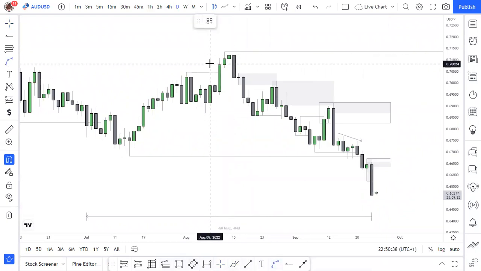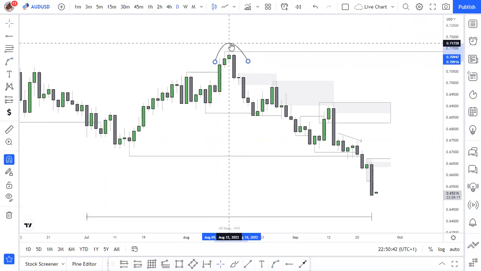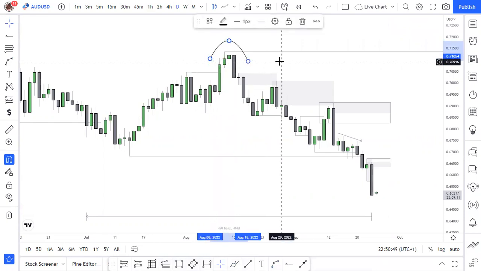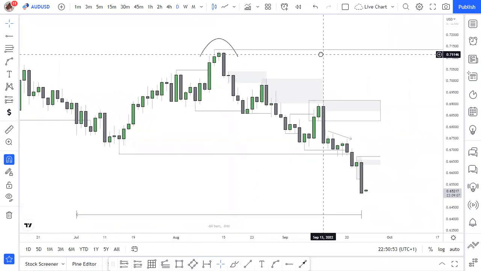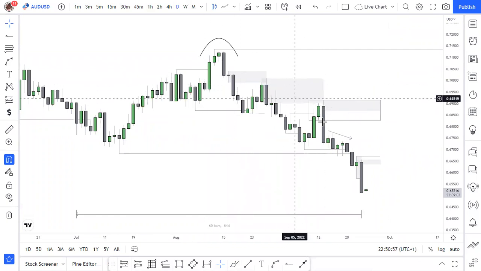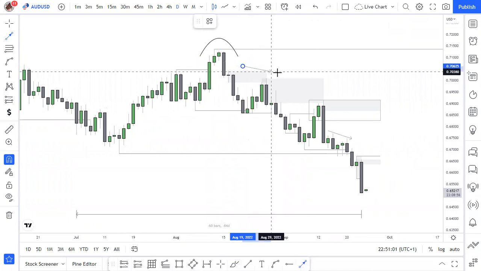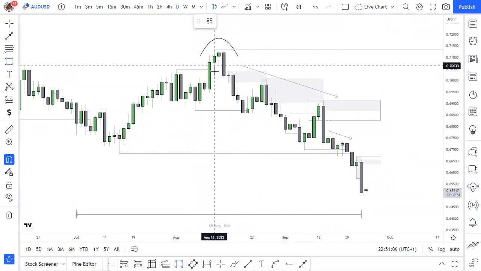So let me just put this. Okay. So yeah, we have my highest high here, and we have this supply chain here. This could be some kind of liquidity, like price could be just building liquidity for this extreme supply zone here.